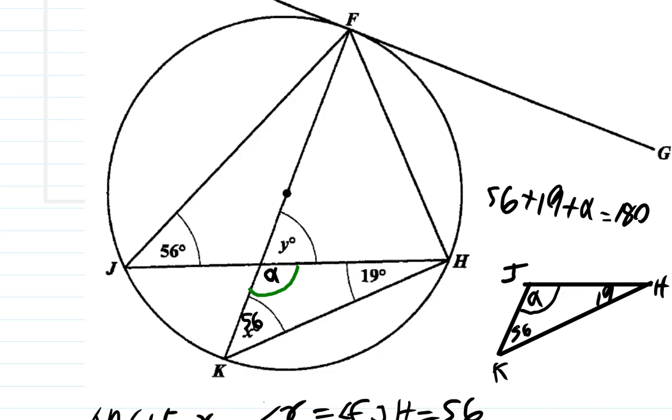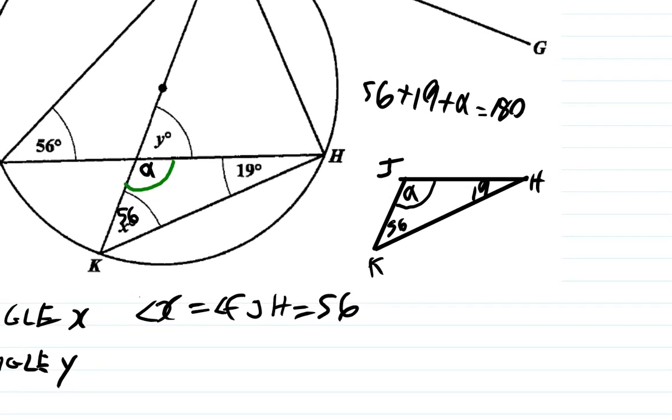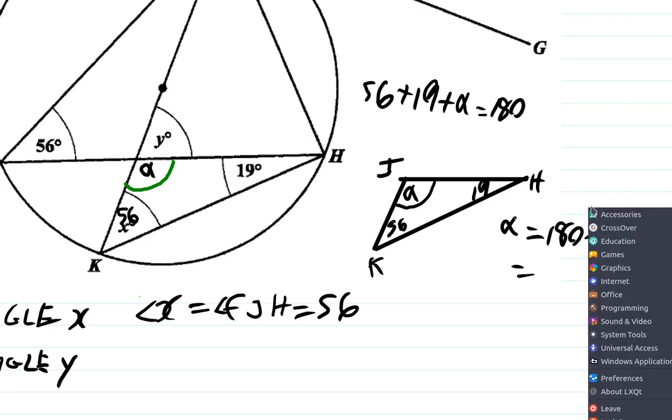56 plus 19 plus alpha. That means this angle plus this angle plus this angle equals 180. So when I work it out, angle alpha would be 180 minus 56 minus 19. How much does that come to?